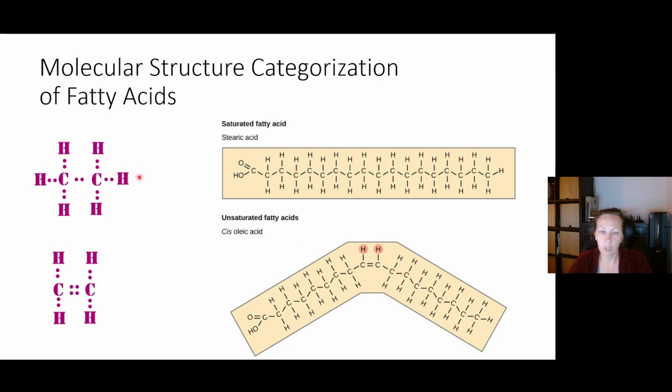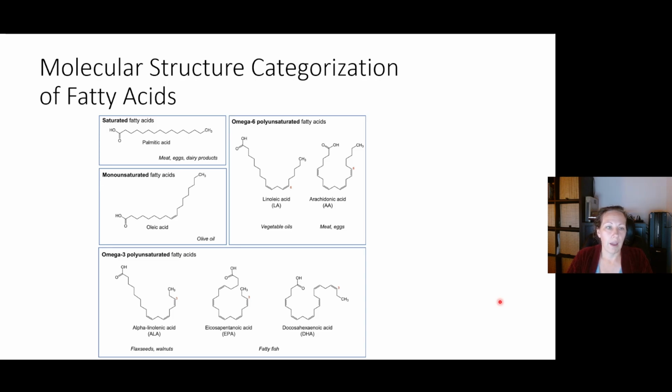Okay. Now, what you should notice here is that this stearic acid that was saturated is nice and straight. When we introduce this double bond, it causes a kink in the molecule, and it is no longer straight. It has a bend in it, and that is going to come into major play as we're talking about functionality of these fatty acids.